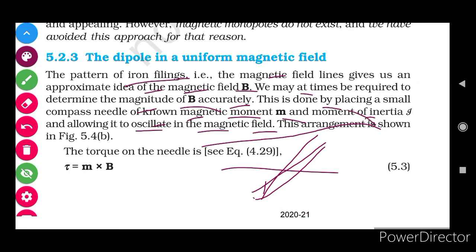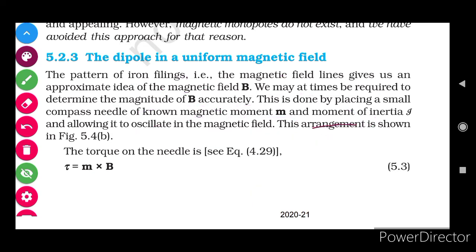Moment of inertia we have seen in class 11. It is analogous to mass in the case of rotational motion. So we let the magnetic compass needle, having magnetic moment M and moment of inertia I, oscillate in the magnetic field. There will be a torque acting on this compass.